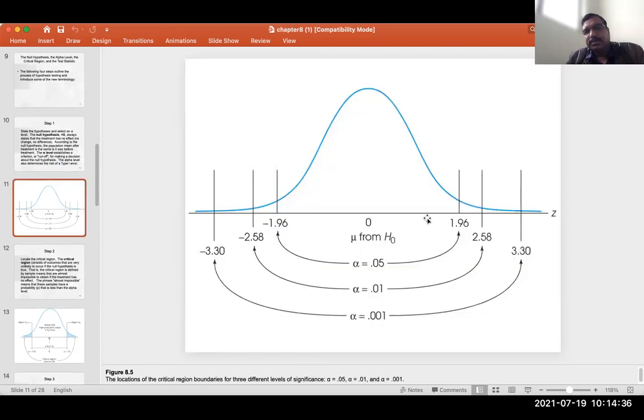Here you can see this is the normal chart. If there is a rejection region on both tails, both sides, let's say I have a hypothesis like H0: the mean value of something equals, let's say, 25.